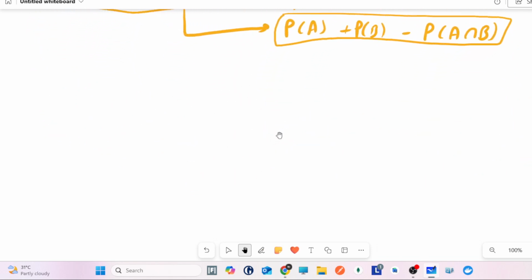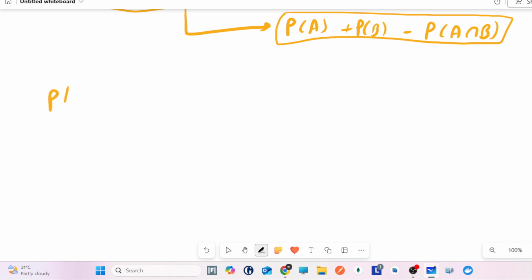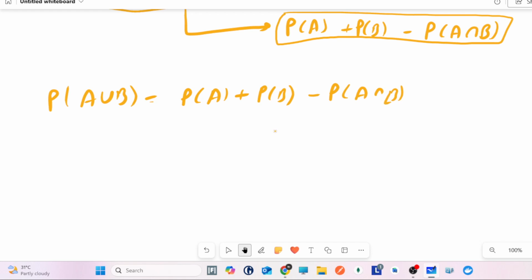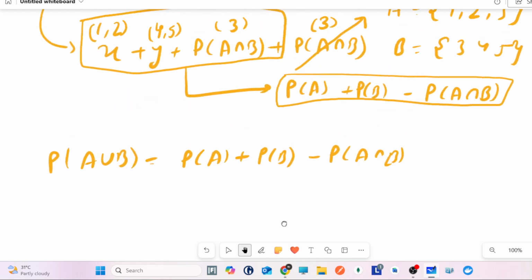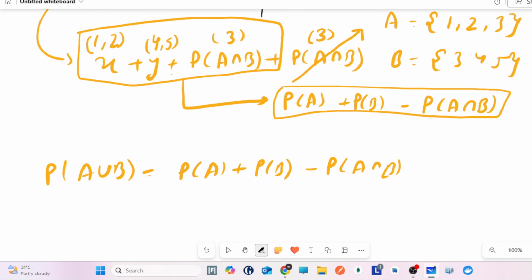So let's move further and rewrite the formulation. Probability of A union B is equal to probability of A plus probability of B minus probability of A intersection B. Now you may be confused that here we are writing a positive symbol, and here we are using a negative symbol.